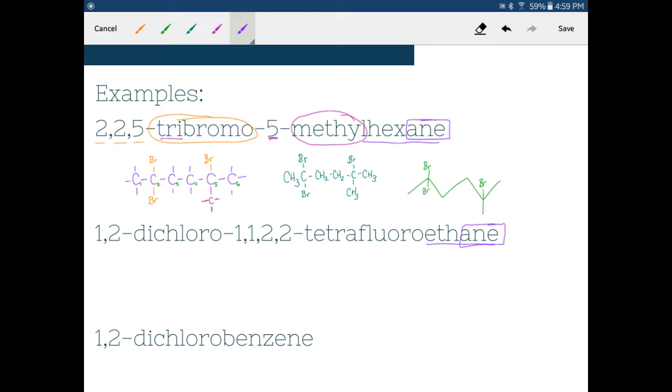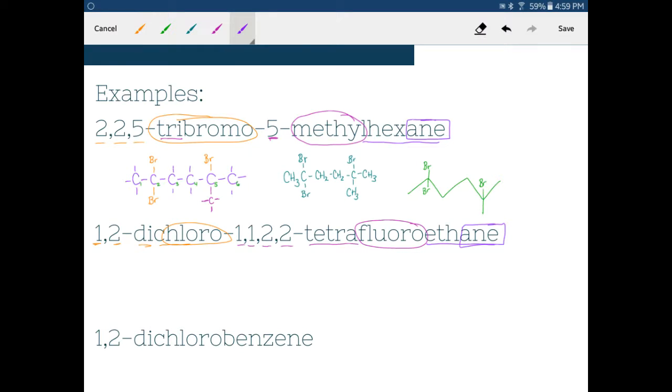So we have F, and we also have 4. So we have 4 fluoros, and they're at the 1,1,2,2 locations. I also have 2 chloros, okay, again, 2 chloros at the 1 and 2 location.